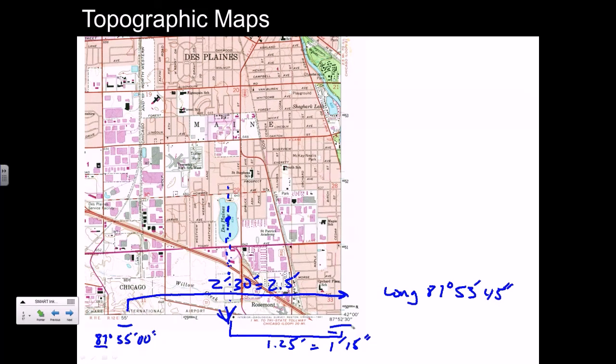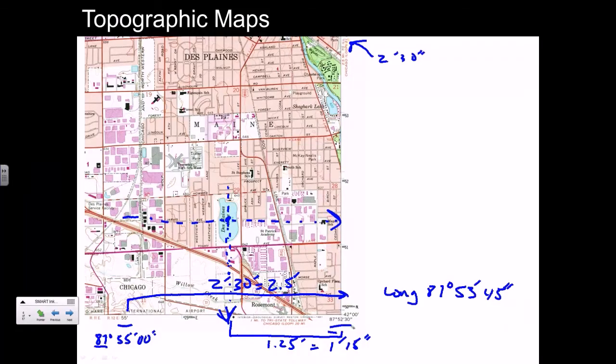If we needed to measure north, well, we need to measure a line of latitude, so that would be a line that cuts through just like this. Now you'll notice there's no measurement there, but up here out of reach, there's actually another little increment that is 2 minutes and 30 seconds. Okay?